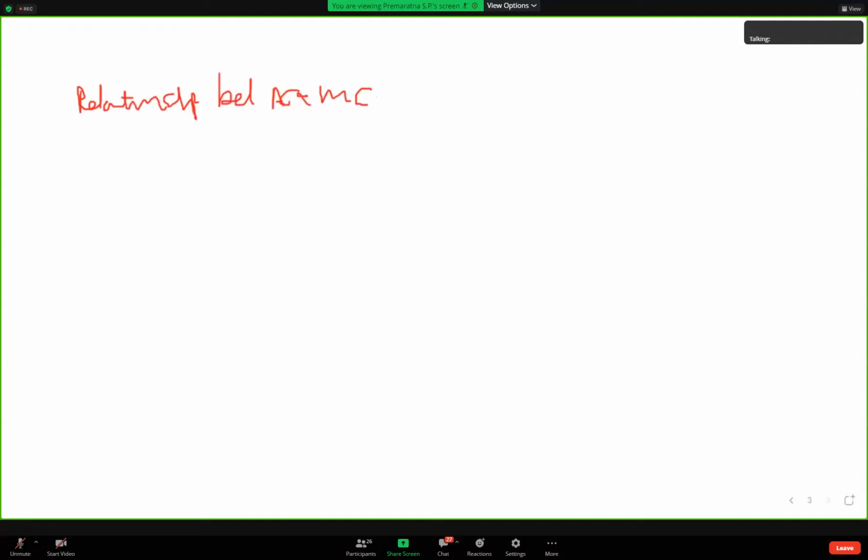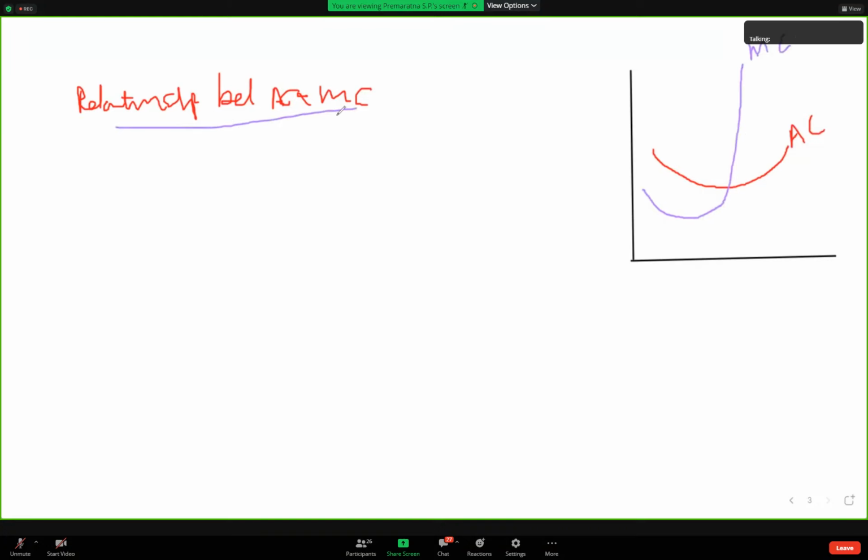Now let's say again I draw here only one average cost curve. This is the average cost curve I name here. And the marginal cost curve comes, goes through the minimum point and goes like this, marginal cost.